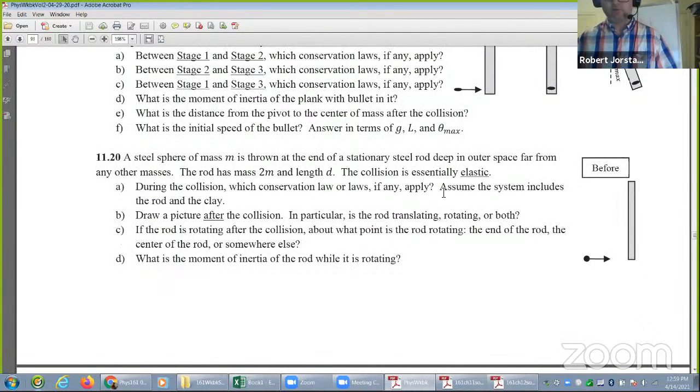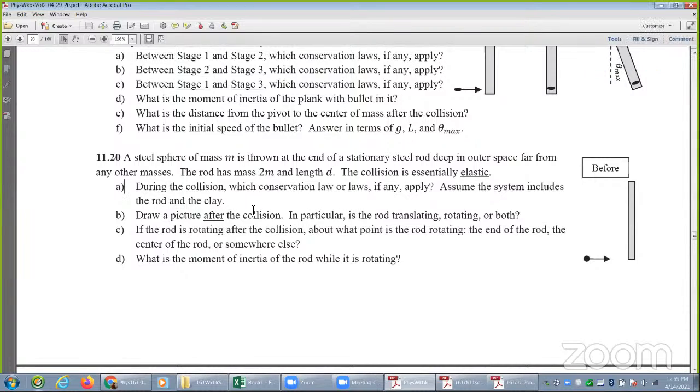For example, look at this one, 11.20. During the collision, which conservation laws apply? Assume the system includes the rod and the clay. It's in deep space. What do you think? Conservation of angular momentum. That's true. What about the others?